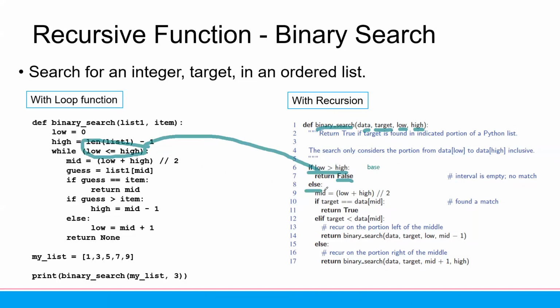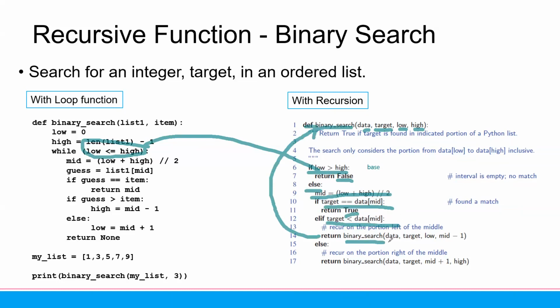If not, okay, you will make the mid value. After you make the mid value, you check. If the target is equal to the data mid, then return true. It means you found the value. If it is not, okay, let's check. If the target is less than the data mid, do the binary search.